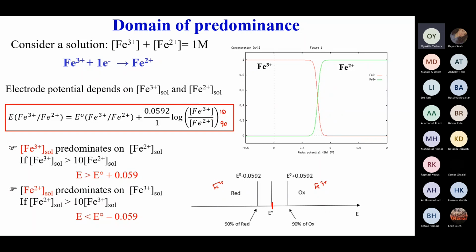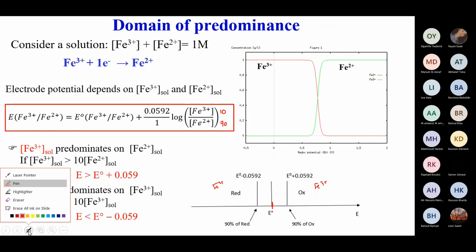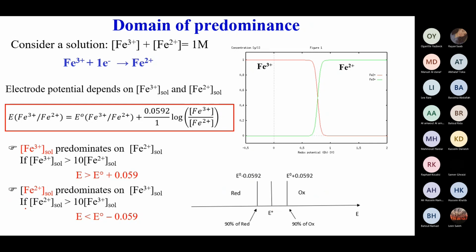If you put these numbers in, if something predominates in a solution, say Fe3+ predominates, what does the word predominance mean? It means the Fe3+ in solution is 10 times greater than the Fe2+.